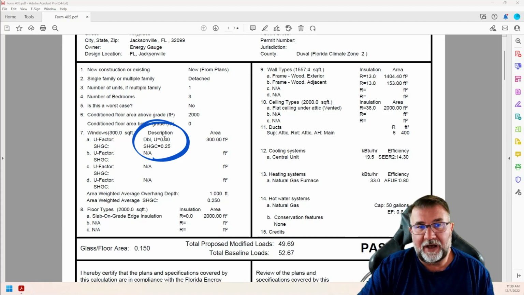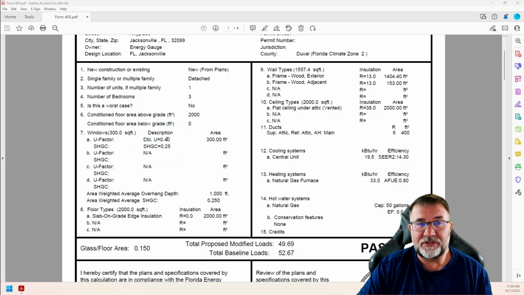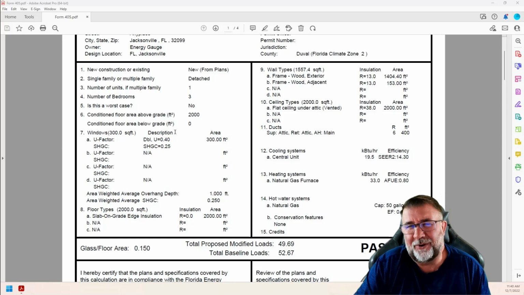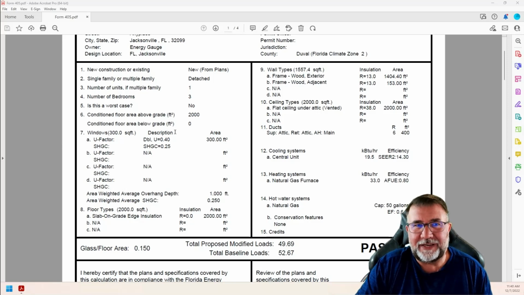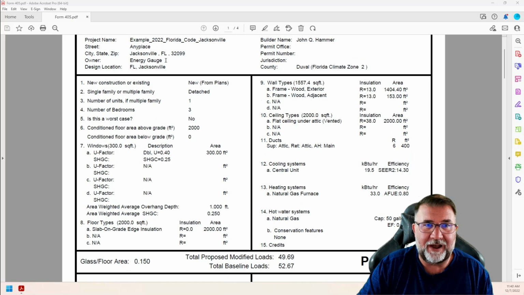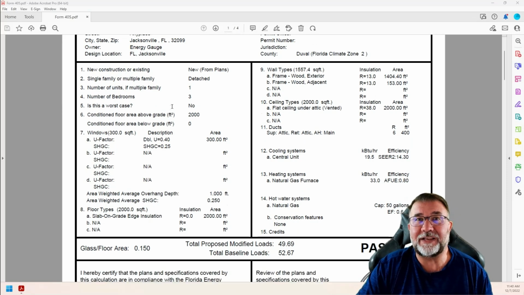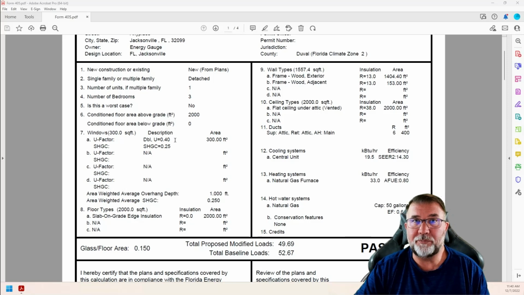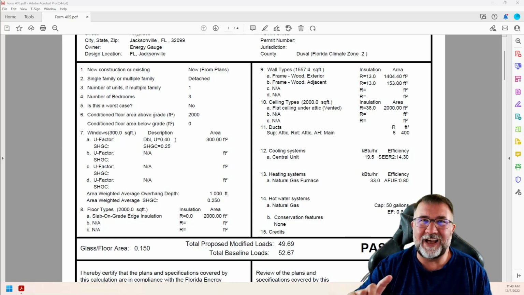But if I were to make these higher, maybe this U-factor was a 1.04, because in South Florida, you really don't need it. This is Jacksonville, which needs a little bit more, but the U-factor is not as big of a deal. So I can take this U-factor and bump it from 0.4 to 1.04. Now, it's not going to meet the prescriptive method, but it's not going to make a huge difference.